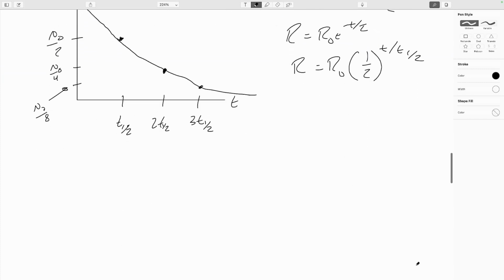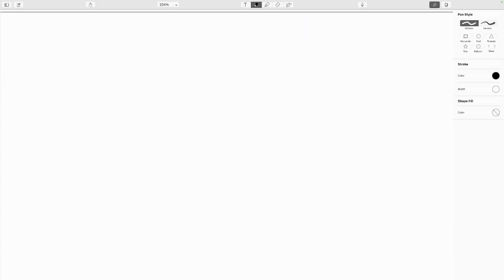Okay. All right, so let's do one example of how we can use radioactivity to date something. And the example I would have here would be carbon-14 dating.